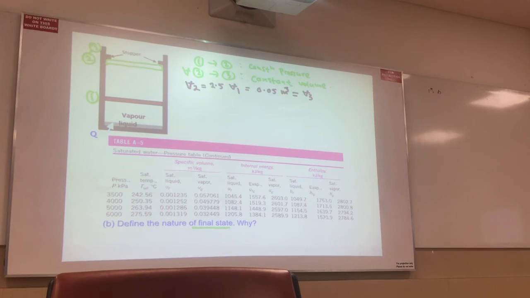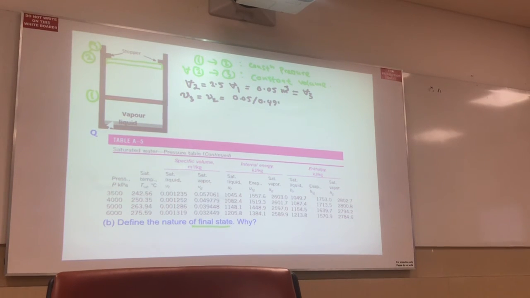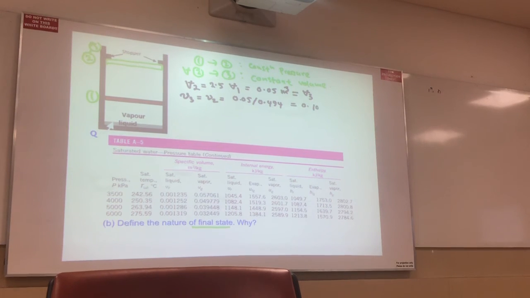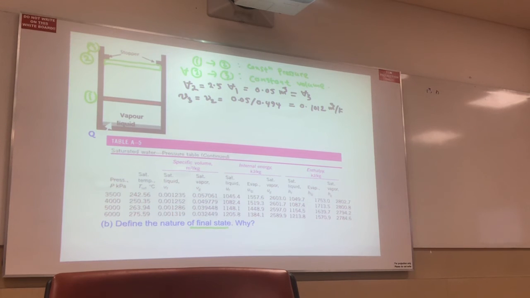So I can write specific volume v3 is equivalent to v2 is equivalent to 0.05 divided by total mass 0.494, which is 0.1012 meter cube per kilogram.